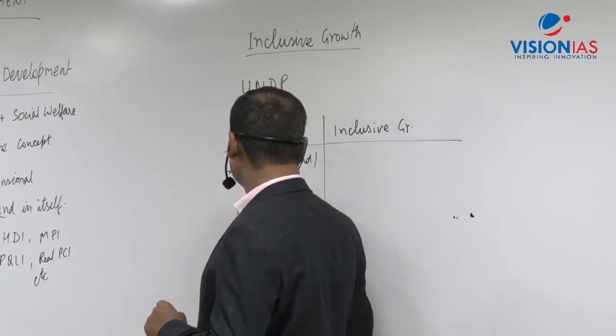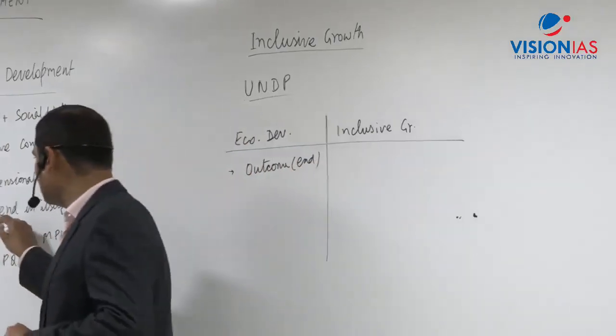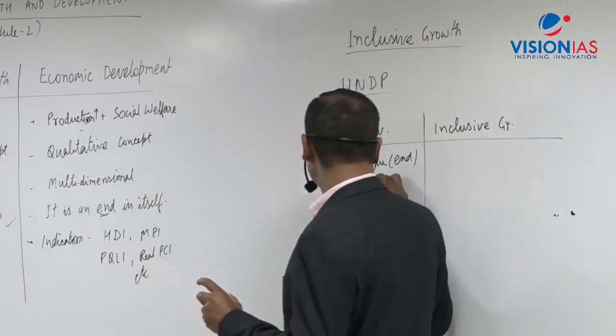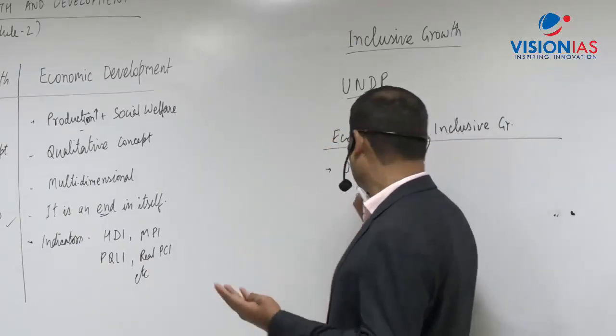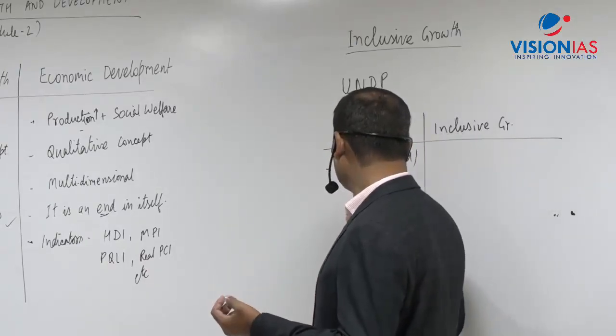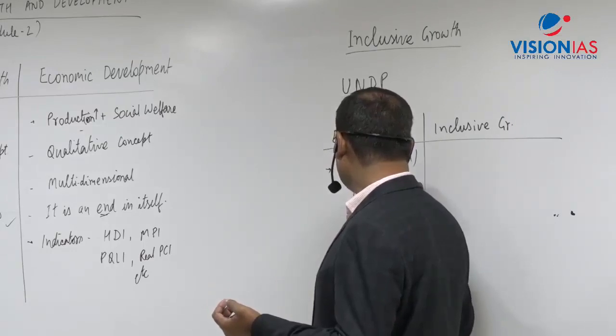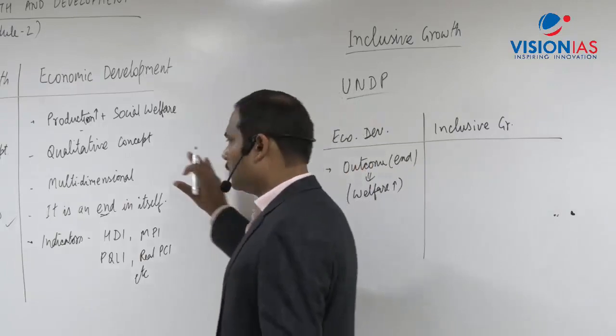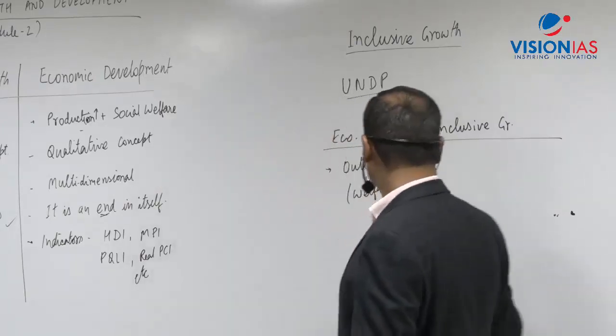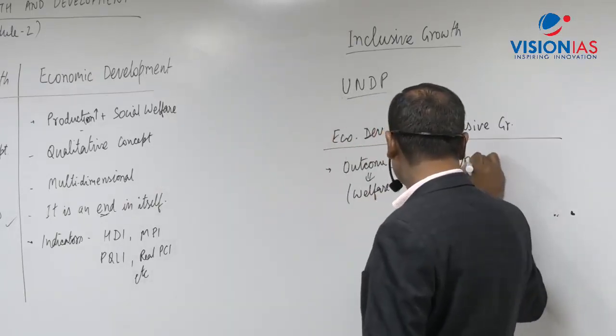Outcome means end. As I told you, it is an end. What is the ultimate objective here? Welfare. We have to increase well-being or welfare. So end means increasing welfare, the ultimate objective. So we should increase the welfare of people. That is economic development.